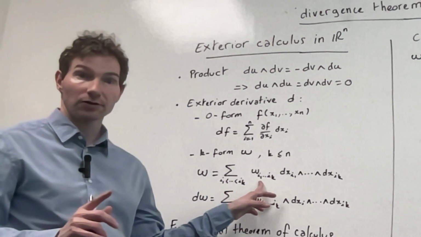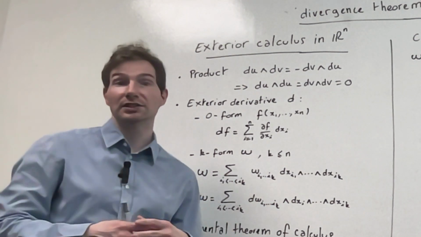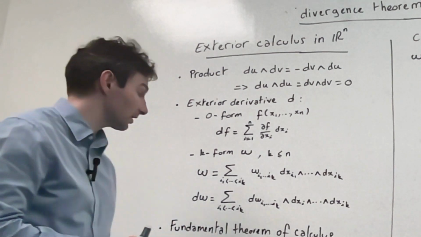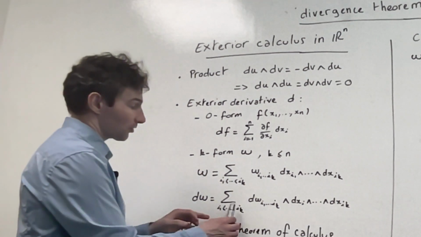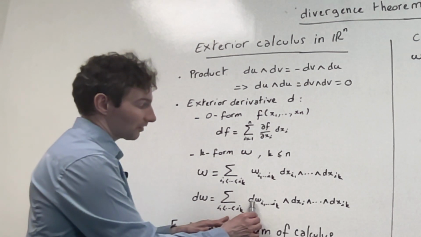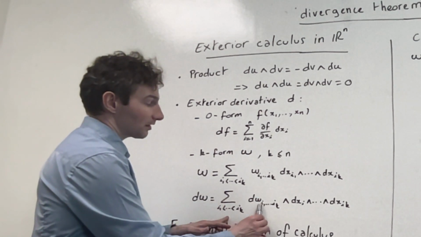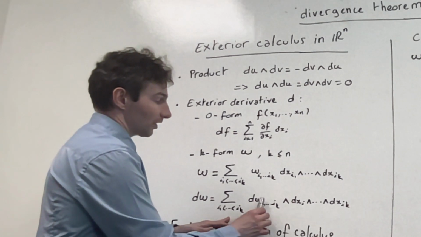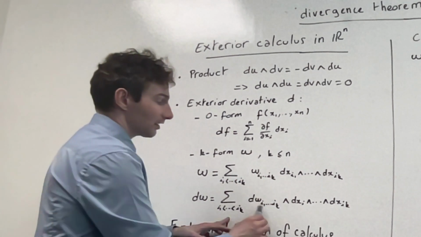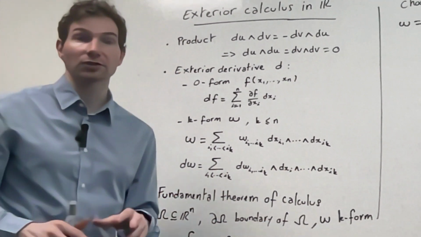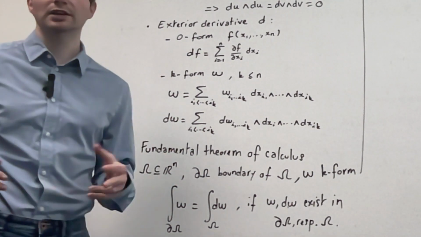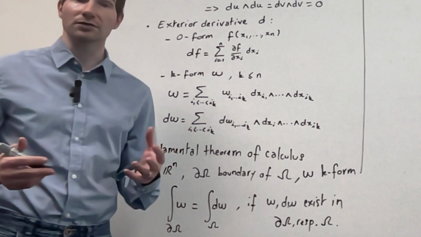If you want to know the exterior derivative of this, it's easy. You still have this constraint, and you take d of the scalar component and wedge it with the rest of it. That's how that works. In my view, this is the simplest way of looking at the exterior derivative in general.